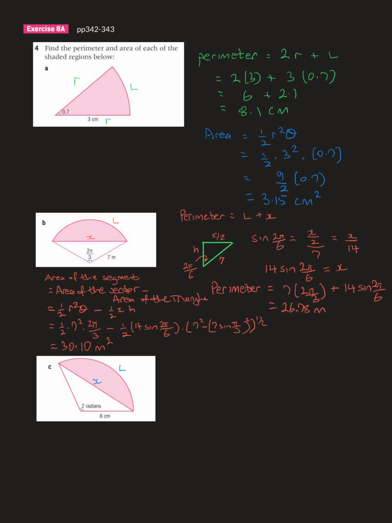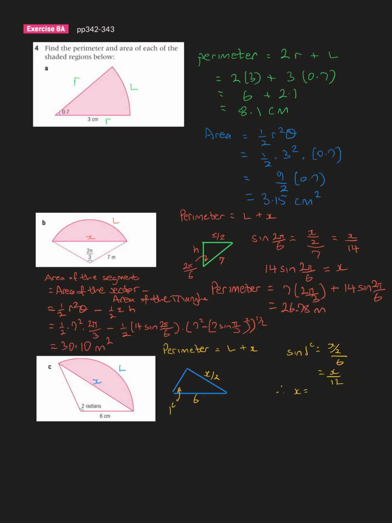Okay, so the perimeter equals L plus X. Okay, to find X, we know that sine of 1 radian is equal to X on 2 divided by 6, which is X on 12.